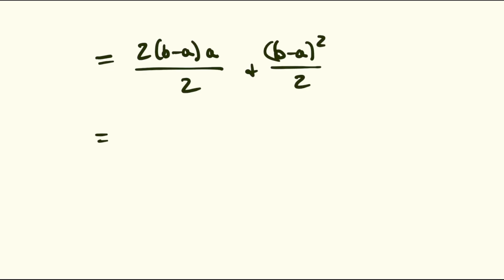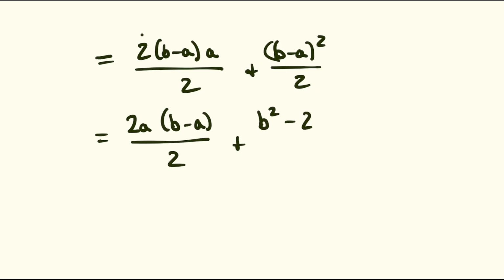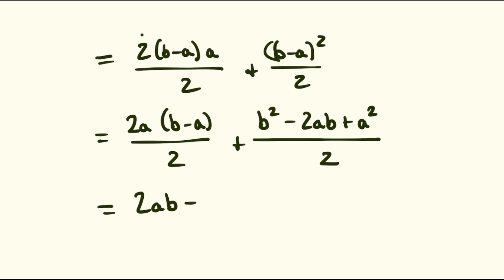Next, let's distribute this. I'm going to rewrite this a little bit, and then we'll distribute everything. We get b squared minus 2ab plus a squared, all over 2. So we want to factor that out and then distribute everything: 2ab minus 2a squared.